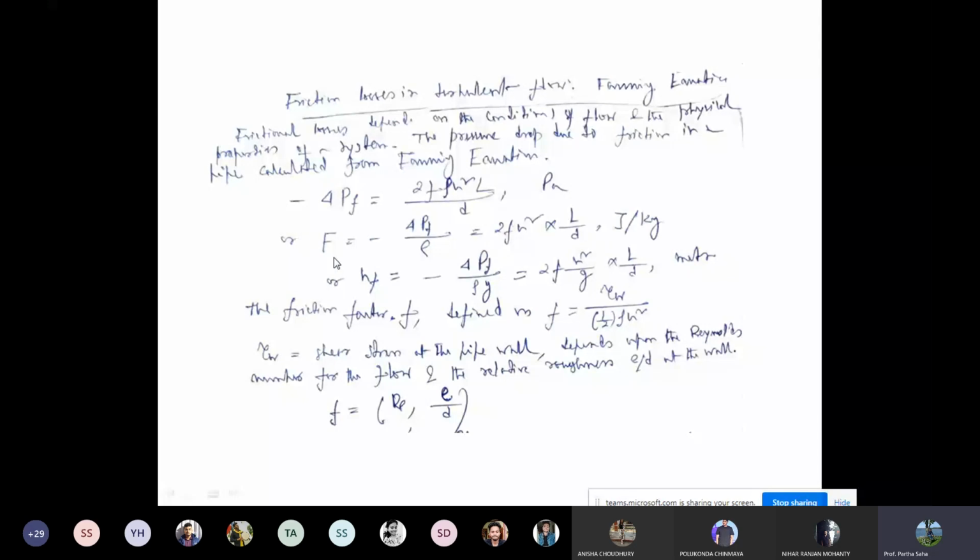For the friction force, dividing by the density, del Pf by rho equals 2 f u square L by D, given in units of joule per kg.